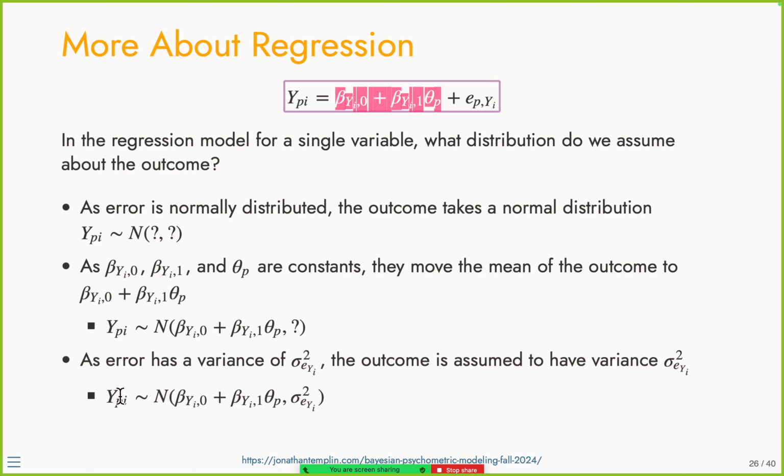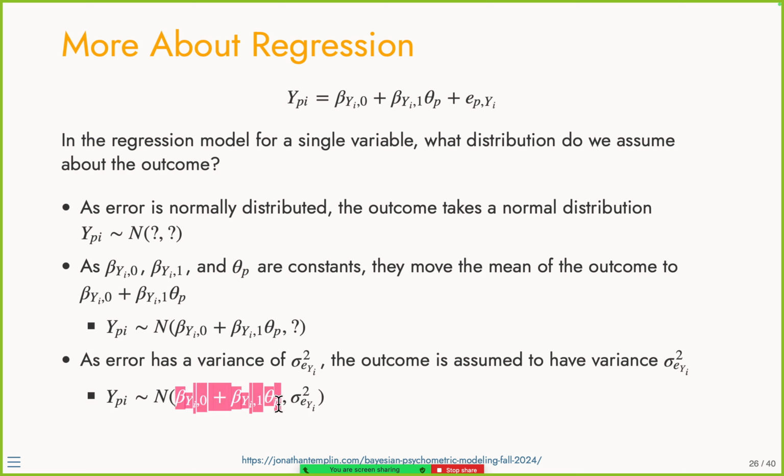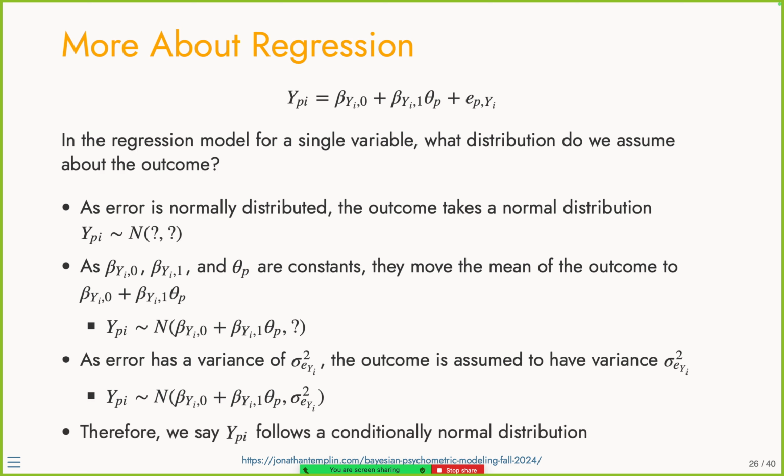So what we're talking about here is that the distribution of any y, sometimes we call this the conditional distribution of y given our predictor, follows a distribution that's normal, where the mean is set by our linear predictor and the variance is set by our residual variance. This is regression ideas, but it still applies. So we say that y follows a conditionally normal distribution.